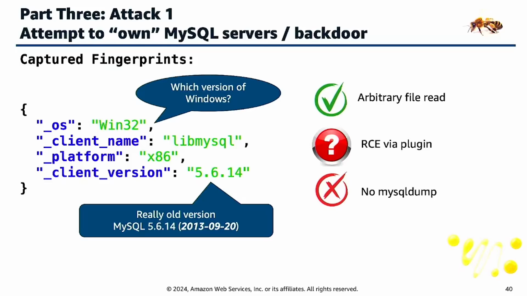The client version is really, really old, so we have some chance here. But we don't see mysqldump, so attack number 3 will not be feasible here. So we can probably read arbitrary files. We don't know if we can do a remote code execution via plugin, and there's no mysqldump.